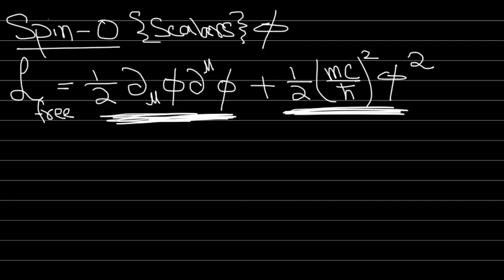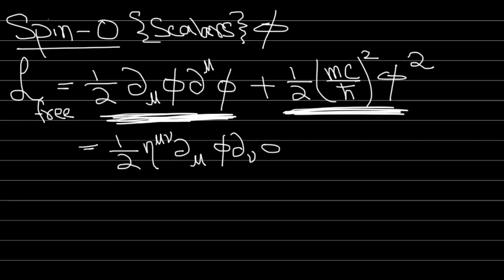Now we can go ahead and write this Lagrangian as 1/2, and I'm just going to play a bit with the indices with the metric tensor, partial mu phi partial nu phi, plus 1/2 (mc over h bar) whole squared times phi squared, right?